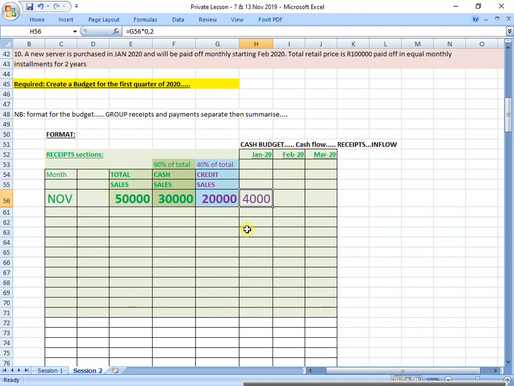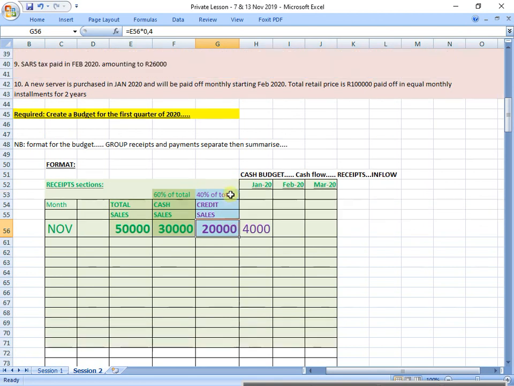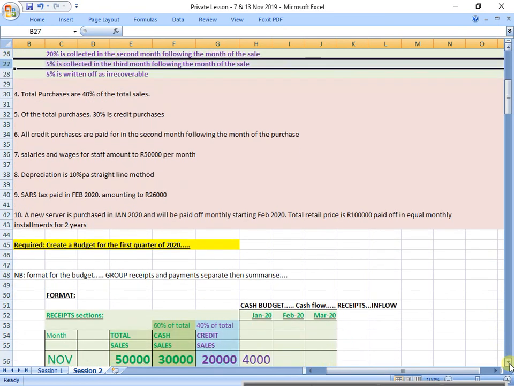Go back. I'm still looking at November. The month hasn't changed. I still sold in November. But now, 5% is collected in the 3rd month following the month of the sale. What is the month of the sale? The month of the sale is November. I sold in November.